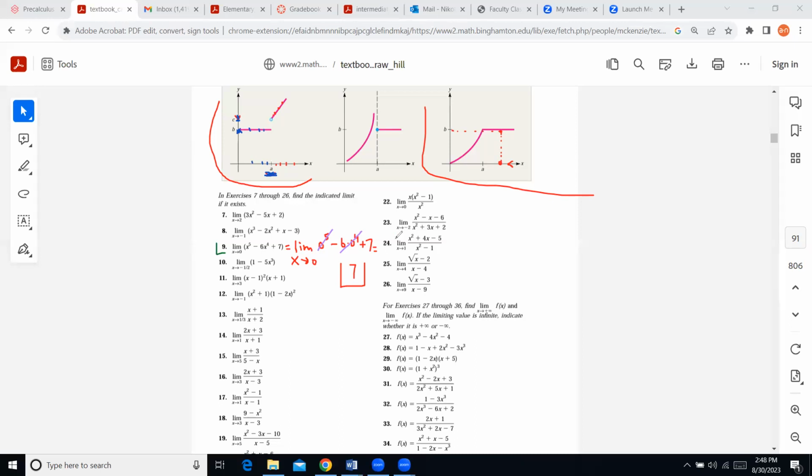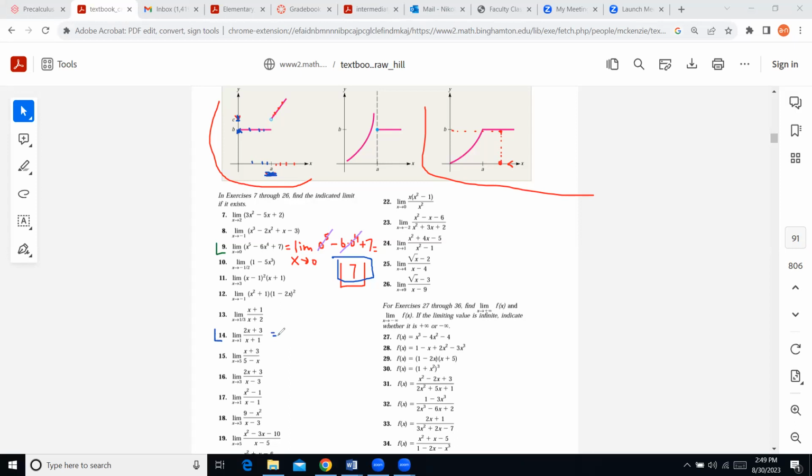But a problem like 9, I would say, does not really make much sense from the point of view of limits, because you just take 0 and plug it in, and that's all you really care about in here. And the same thing happens in exercise number 14, even though this is a fraction.